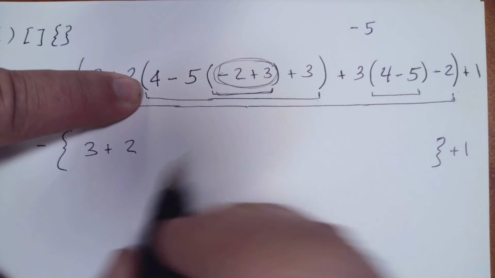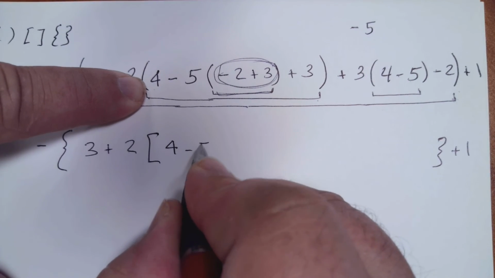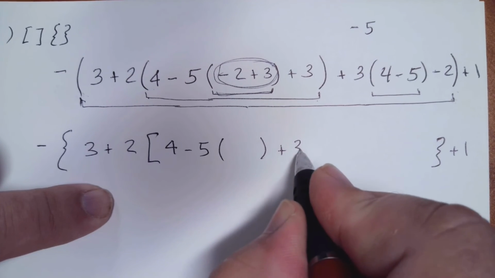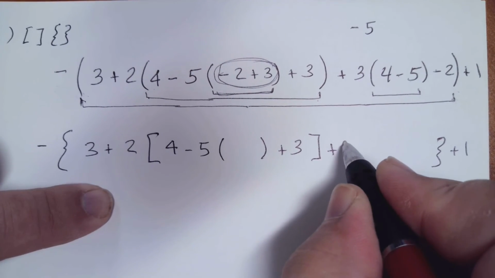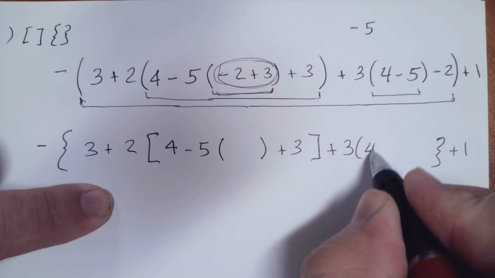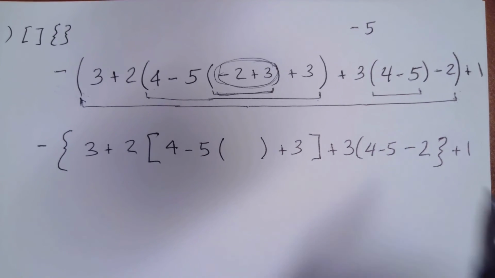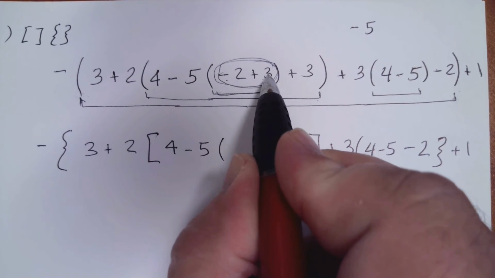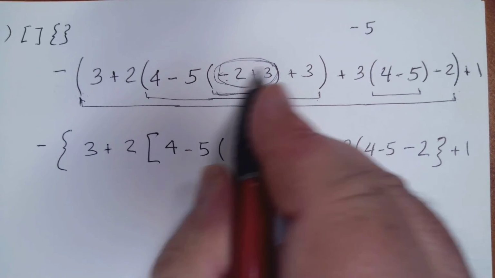And this one, since it's inside there, so what is -2 plus 3? 1. Because 3 is bigger than 2, it's positive. 3 minus 2 is 1.